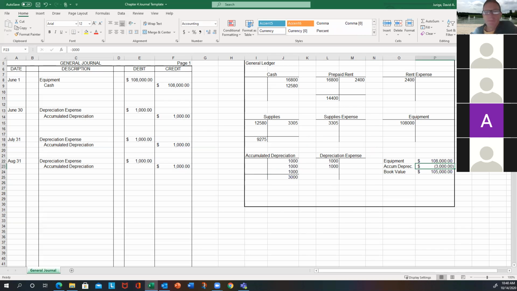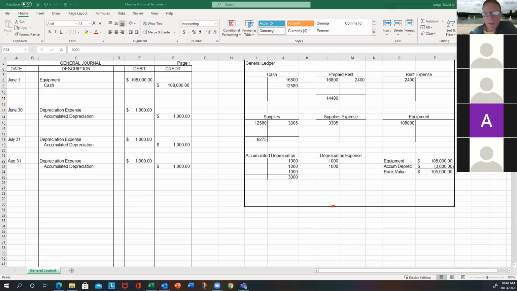And eventually that book value would go down to 0. So notice every month this accumulated depreciation is going to keep increasing, and this book value will keep decreasing, because the relationship is you take the cost and you subtract out the accumulated depreciation to get to what they call book value. Okay. All right.